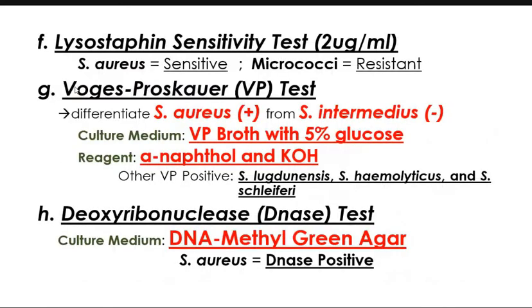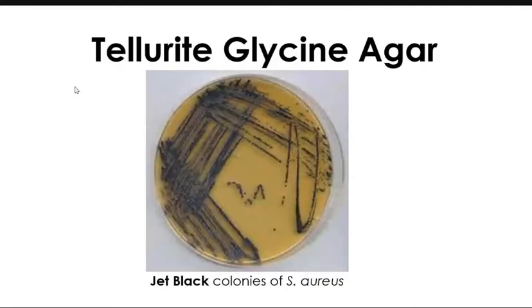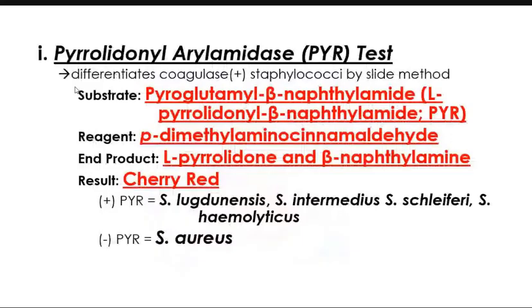You have your polymyxin B sensitivity, then your lysostaphin sensitivity, your VP test, and your DNase test. So ito yung mga itsura nila, just to familiarize you with the different growth of your Staphylococcus on the different media. Sabi niya jet black pero not well appreciated naman yung jet black. Siyempre picture na lang yan.